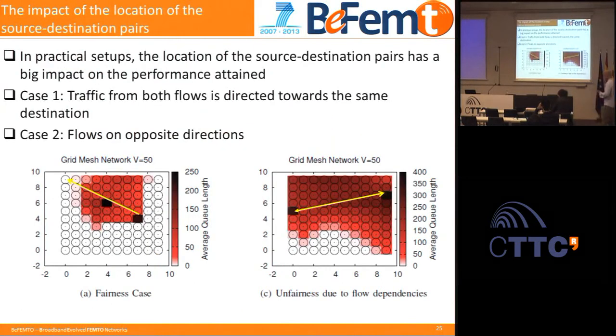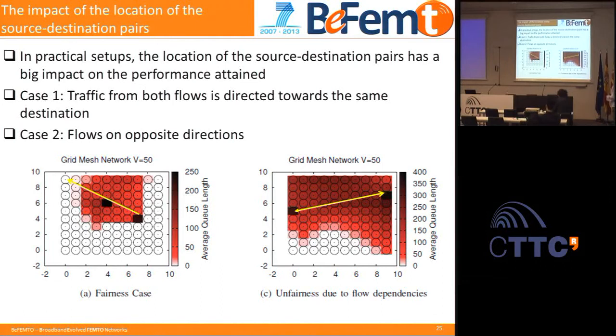For instance, let's see a network in which two flows are injected towards the same destination. What happens here is that as you achieve a decreasing Q backlog gradient to the destination, because both flows are directed to the same destination, you do not experience too much congestion.